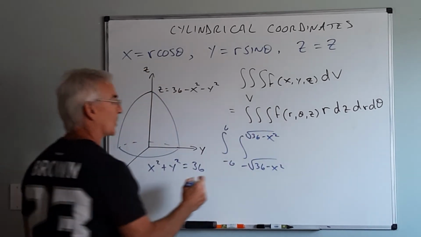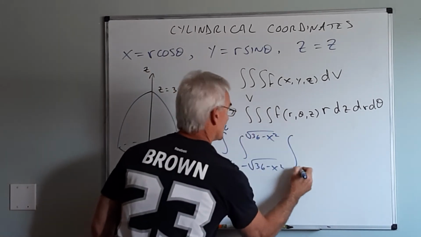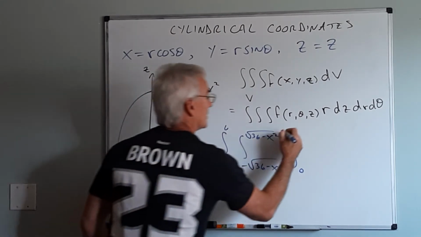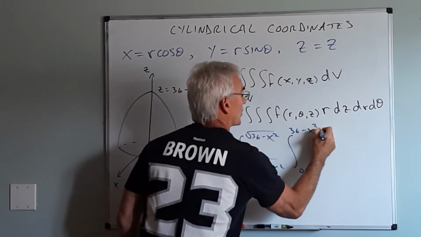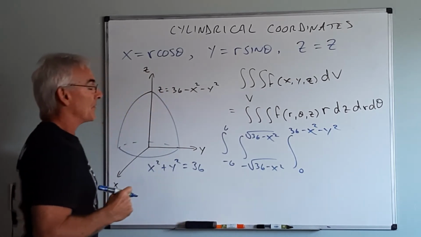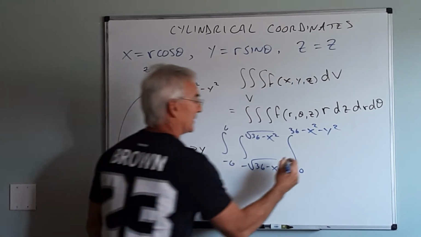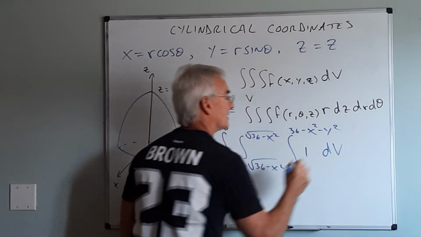And then the z would go from, in this case, 0 to 36 minus x squared minus y squared. Now, this, if I integrate it, will just simply be 1 dV.